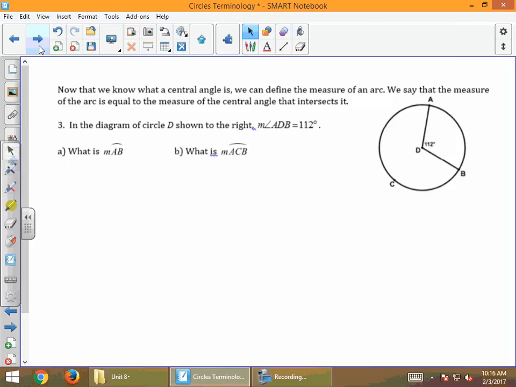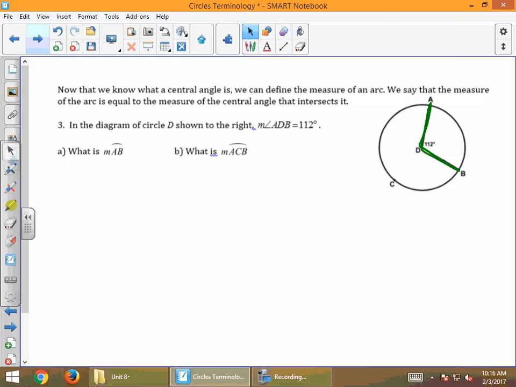So we can say now that we know what a central angle is, the measure of an arc is the same as a central angle. So whatever the central angle is, that arc that's in between that angle is the same. Okay? So we look here in this diagram, ADB, this angle right here, is 112 degrees.